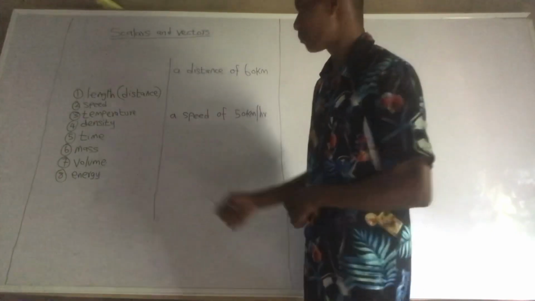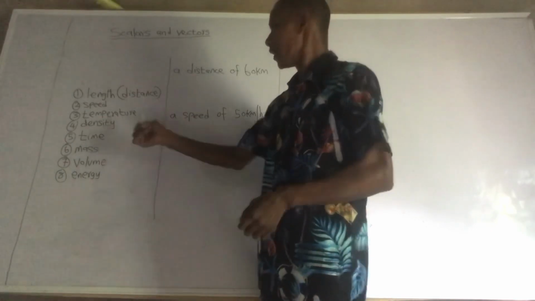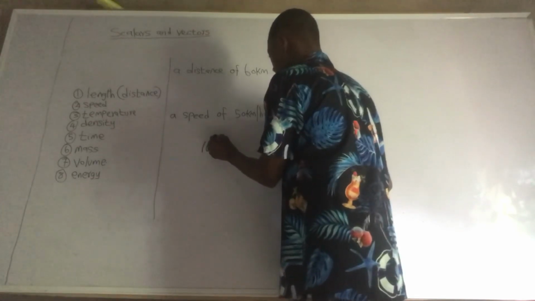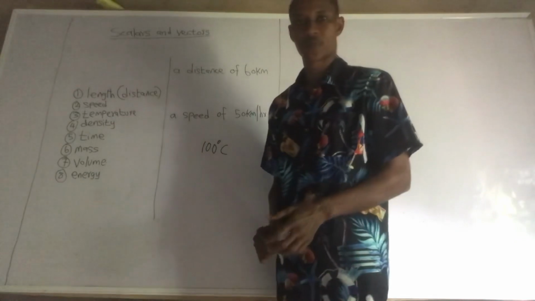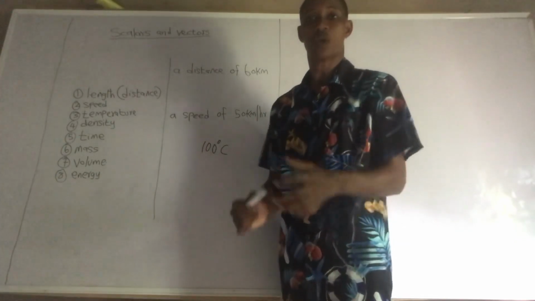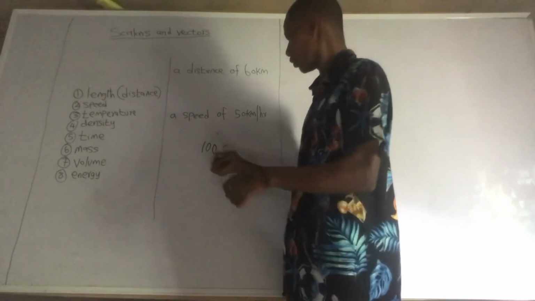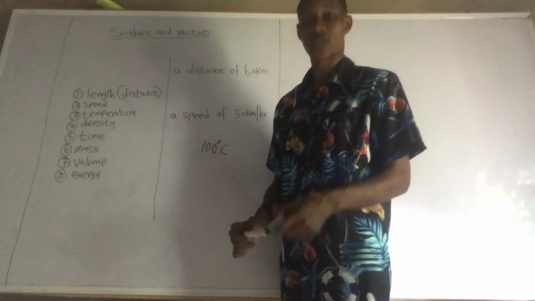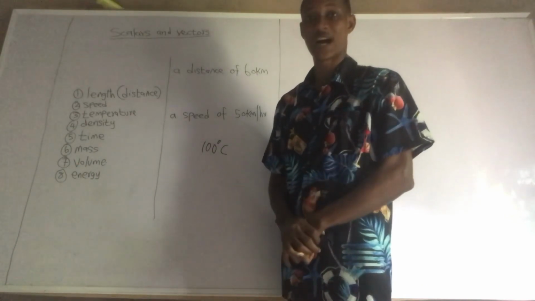Let us also use temperature, which is an example of a scalar quantity. A temperature of 100 degrees Celsius is a number, a scalar, since it has no directional property. It means that with this number, 100 degrees Celsius, you can describe the quantity temperature. So as a result, the quantity temperature is an example of what? A scalar quantity.